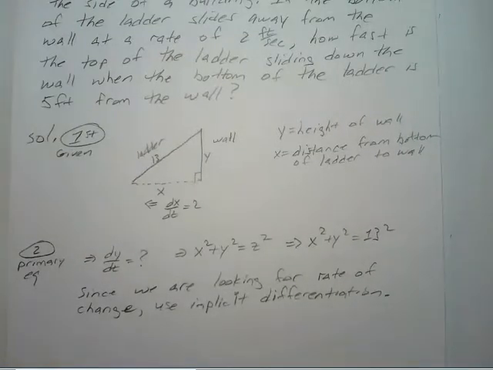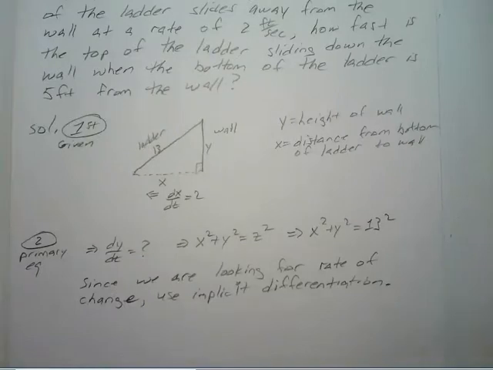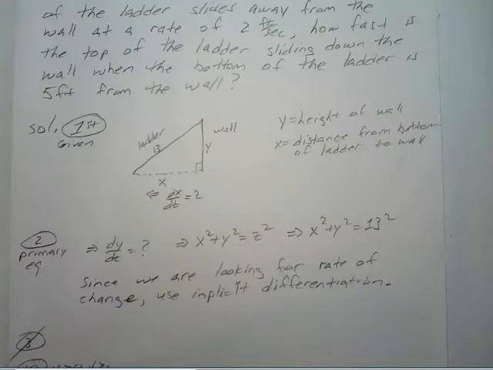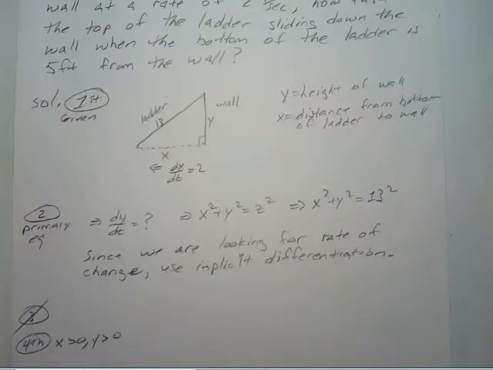So actually we can skip step 3, because we're not just solving for one independent variable. We're going to use implicit differentiation, so we're going to use both. And our domain is x greater than 0 and y greater than 0. It doesn't have to get more complicated than that. We know both of those have to be positive numbers.